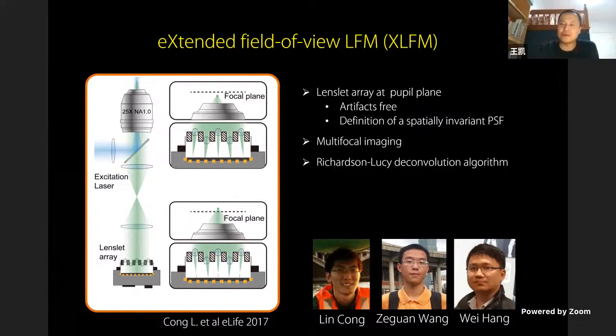Right. So one advantage of light field imaging is that it's highly light efficient. It excites the whole volume, and all the fluorescence is collected for imaging. It does not waste fluorescence.